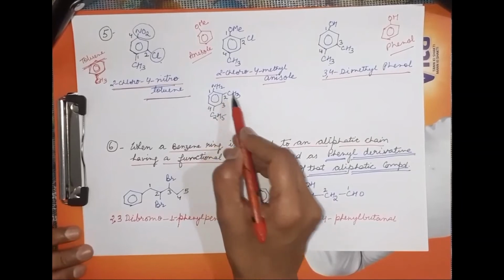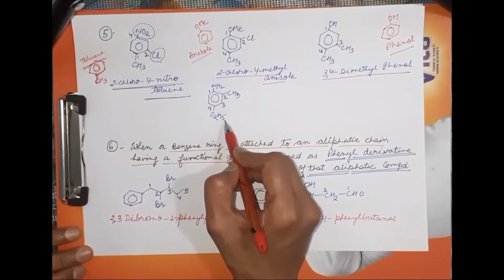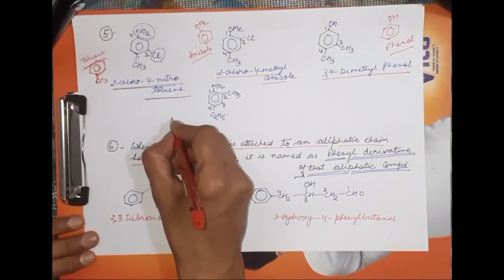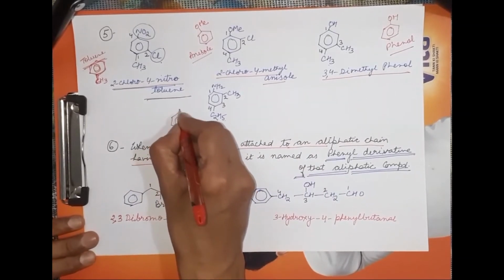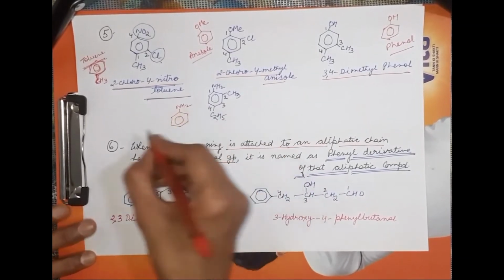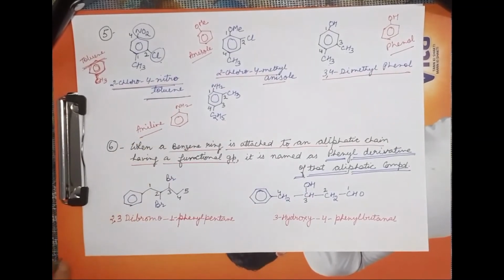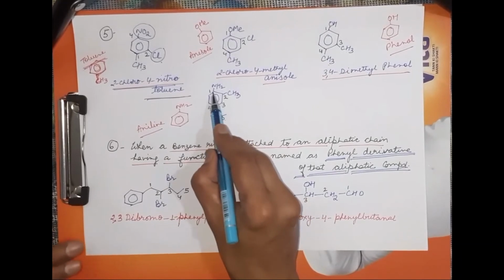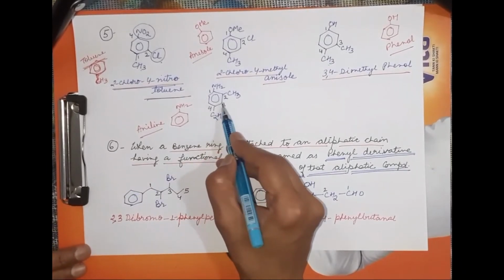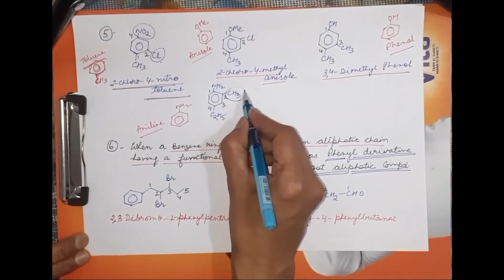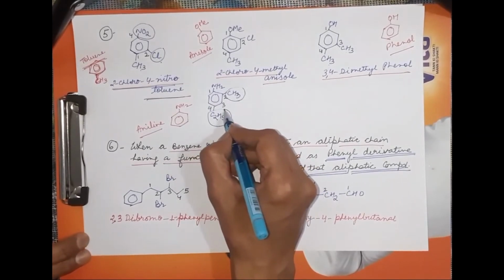Another example is this. Here one NH2 group, a CH3 and a C2H5 group are present. We have discussed earlier that if a benzene ring has one NH2 group, the common name is aniline. So how will we write the name? This will be the number 1 carbon: 1, 2, 3, 4. Here this is the methyl group and here this is the ethyl group.